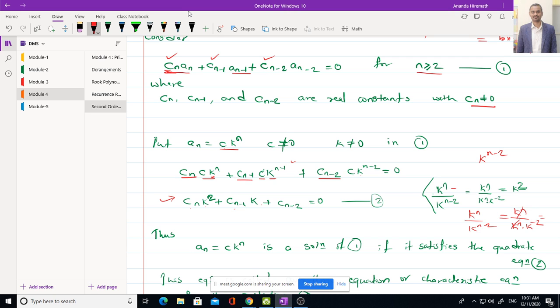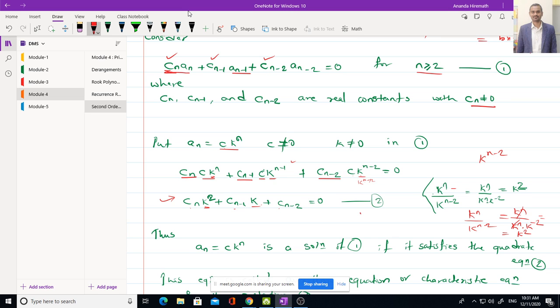Then these two terms get cancelled, and 1 divided by k raised to minus 2 will be k raised to 2, that is k square. That's why I have written k square here. Similarly, you will get k, and the k^n term vanishes. If you divide by k raised to n minus 2, these two get cancelled. Then you will be left with only Cn minus 2 equal to 0.